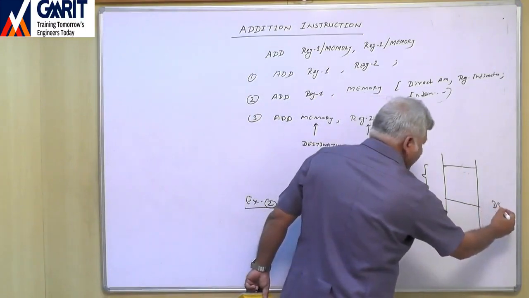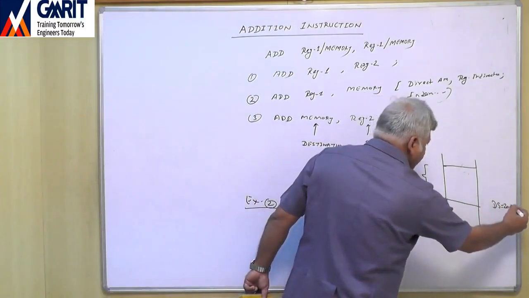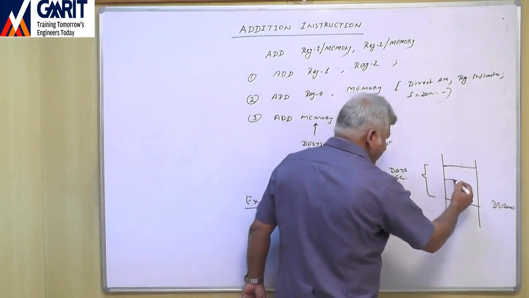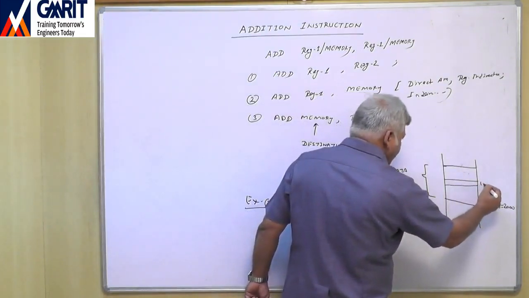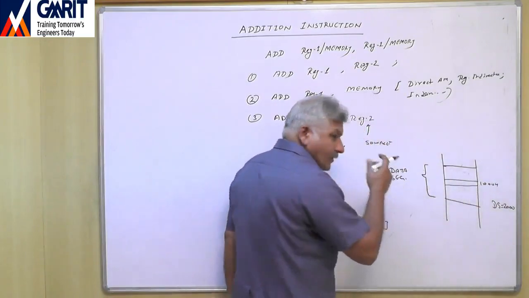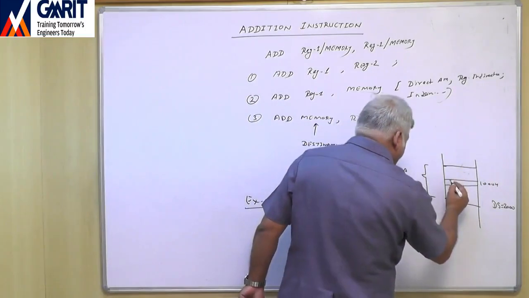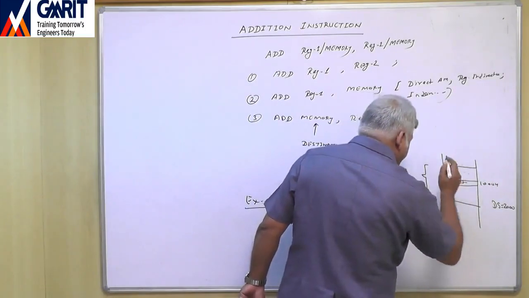Let the value of the data segment register be 2000H, and in this data segment at the offset 1000H there is some 8-bit value.